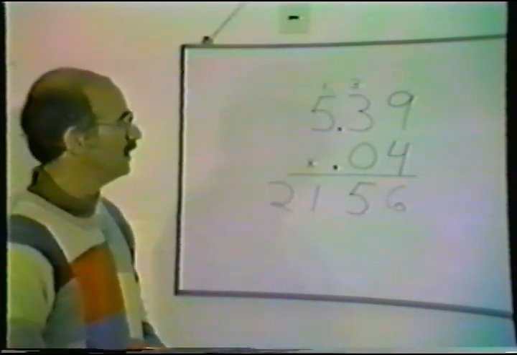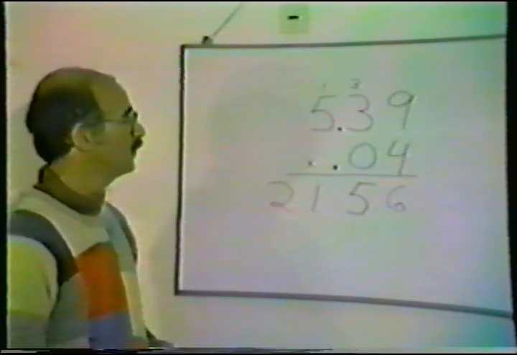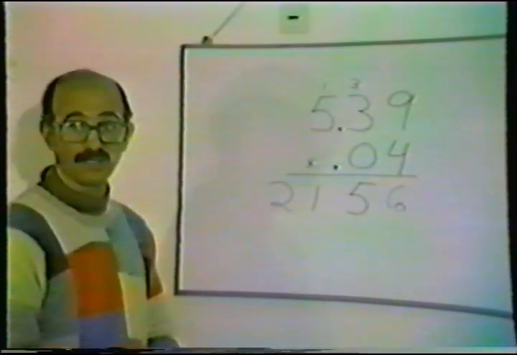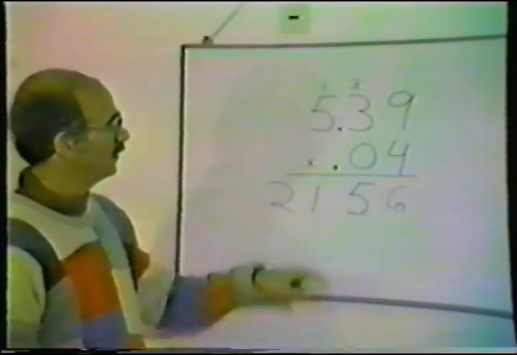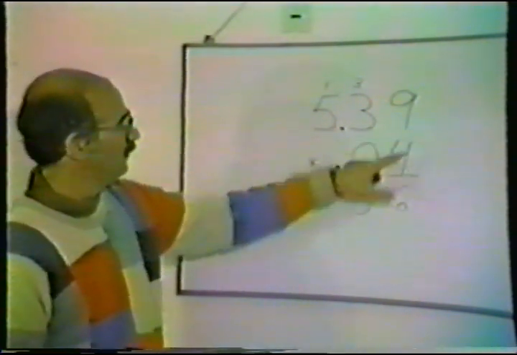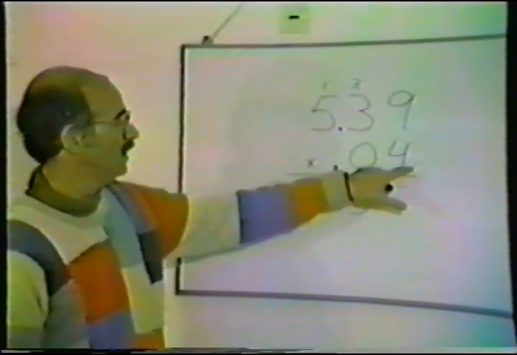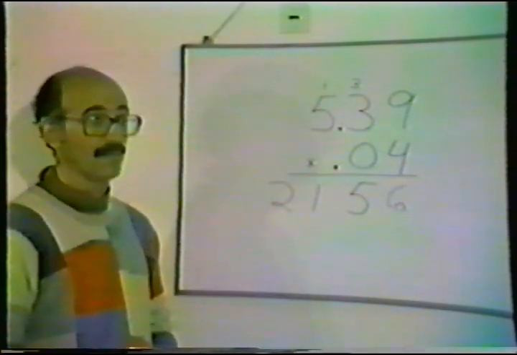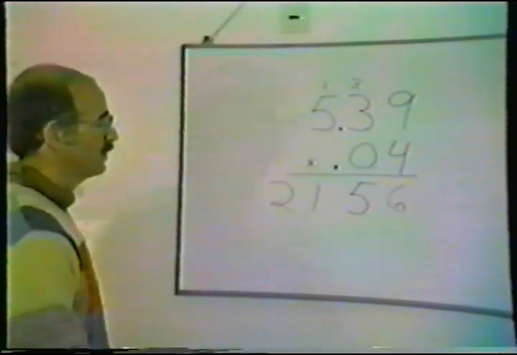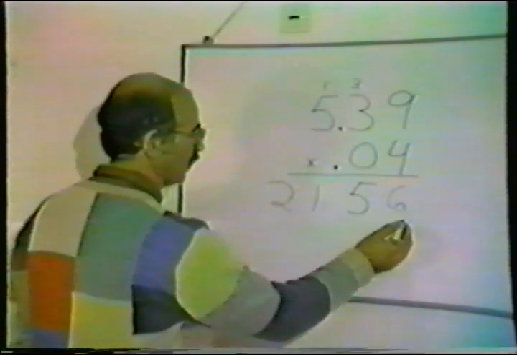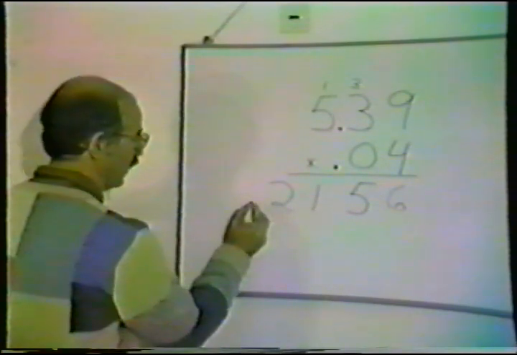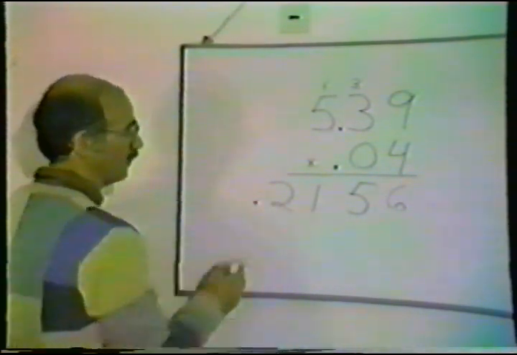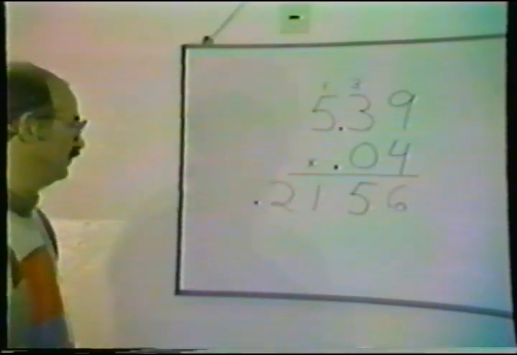How many places are there to the right of decimal points now in this problem? 2, 4. There's 2 over here, and there's 2 over here, and that makes 4. So we go back from the end, 1, 2, 3, 4, and we put the answer right there.